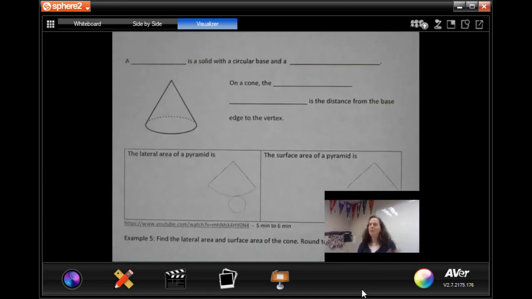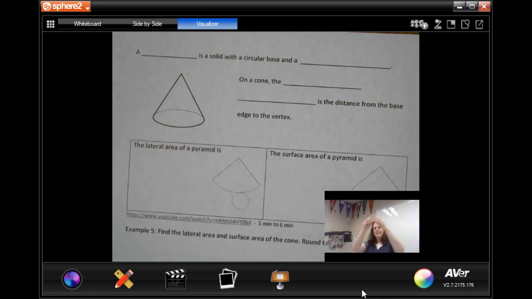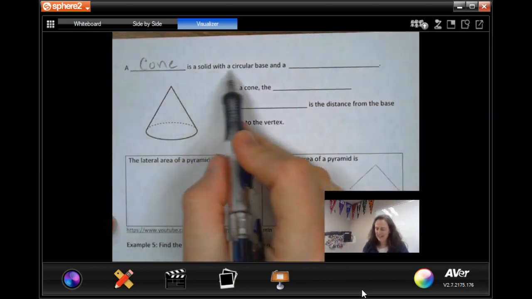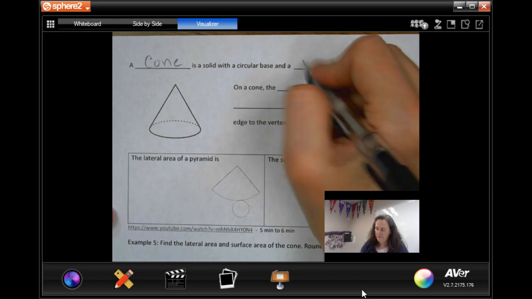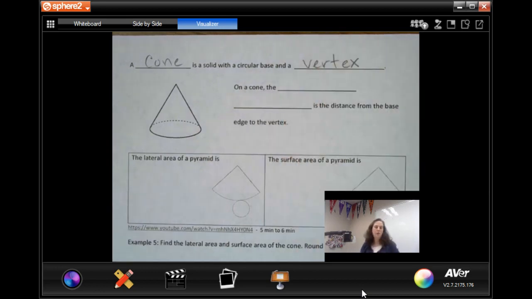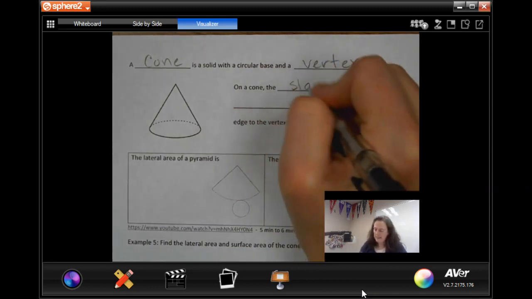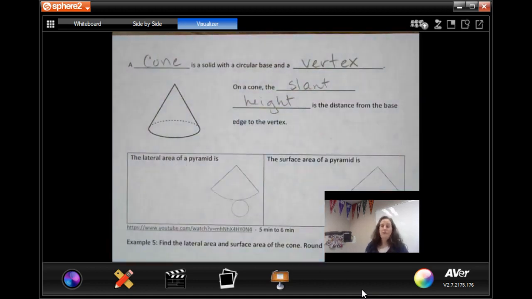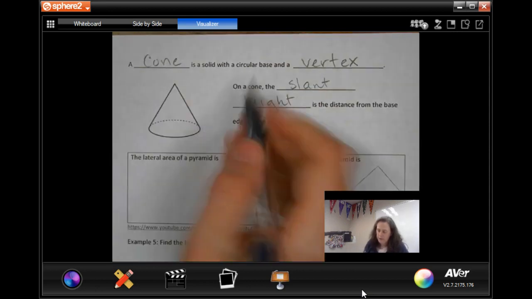Okay, now you're probably thinking this is very similar to a pyramid, right? And it is. We have a base and then the sides come up to, what do you think that tippy top part is called? It has a solid circular base and a vertex. So just like a pyramid, except that the base is a circle. On a cone, the slant height, we're going to use that again, is the distance from the base to the vertex.